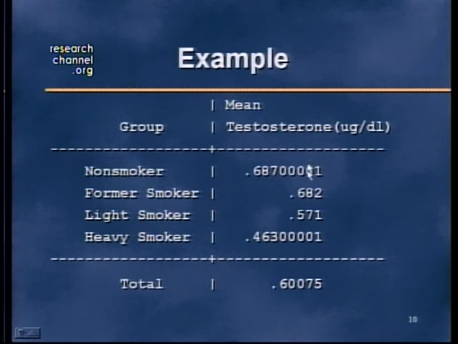So our data are telling us that there appear to be differences between these groups. If we inspect this a little bit more, is there a difference between non-smokers and former smokers? Not as much of one, but we see a drop when it comes to light smokers, and we see a more substantial drop when it comes to heavy smokers. So certainly there appears to be a difference on the surface between non-smokers and heavy smokers.